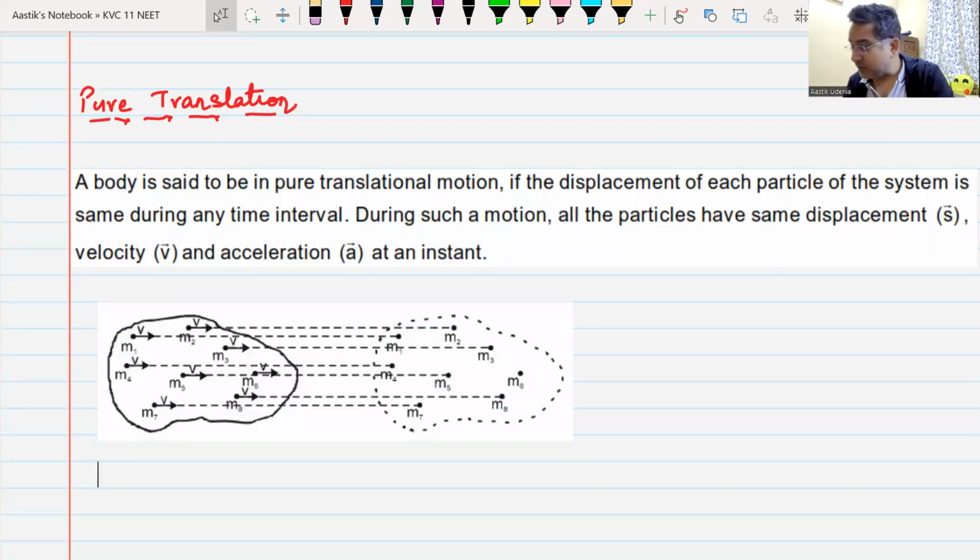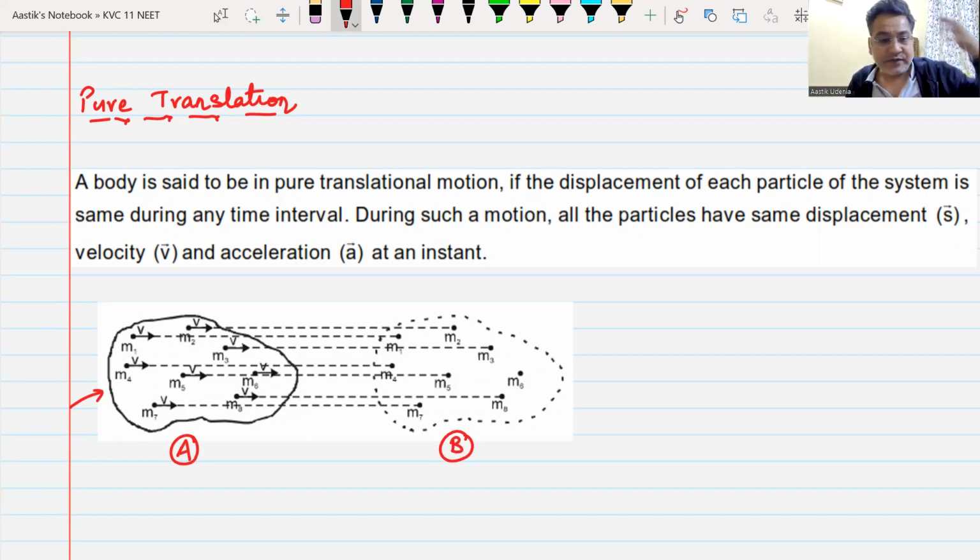You can see this body. Can you see this body here? This body is at position A, and after some time it moves to position B. Now you can see every particle of this body has moved with the same velocity, it has the same displacement, and it has the same acceleration.